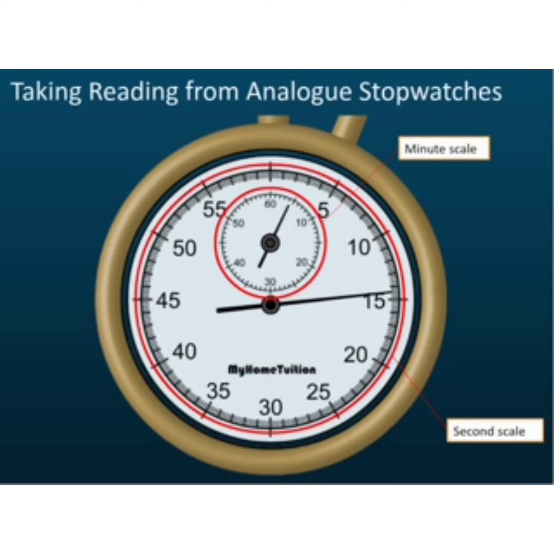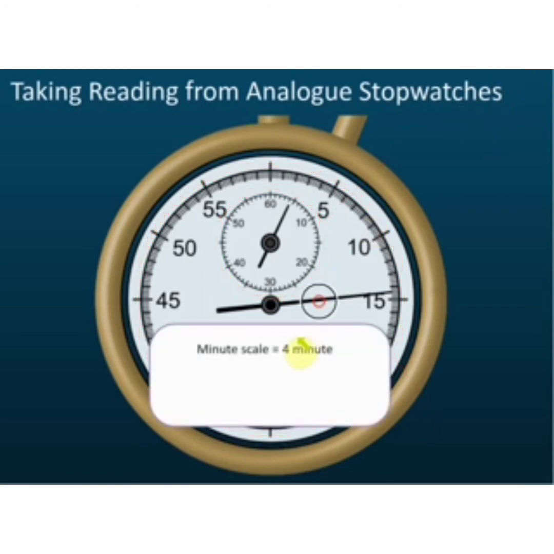So the reading is equal to the minute scale. Minutes: 1, 2, 3, 4. 4 minutes, right? And then the second scale: 10, 11, 12, 13, 14, 14.2. But just now we have learned that each small unit here represents 0.2 second, right?